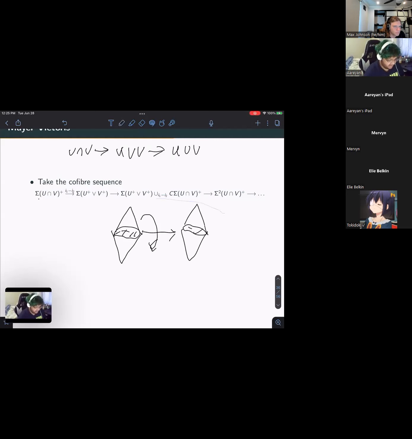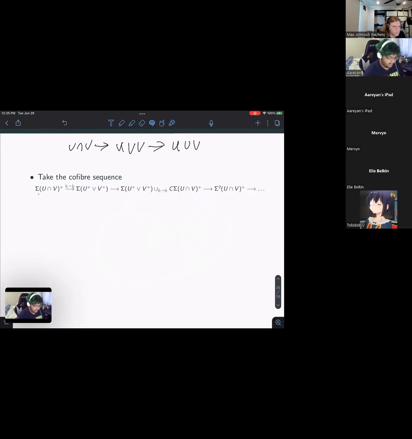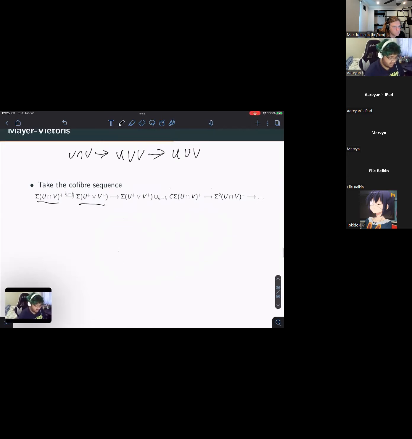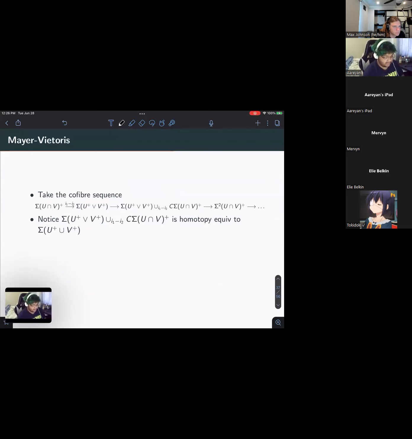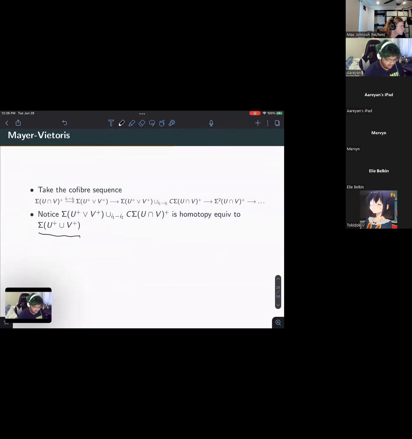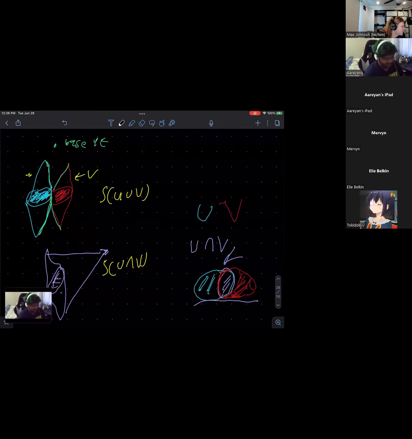We take this sequence, and this is just an ordinary co-fiber sequence. You take this inclusion, and then you form the mapping cone, and then you keep doing this. This mapping cone looks very gross, but it turns out to be homotopy equivalent to the suspension of U union V. Why? Let's reason this out by diagrams.